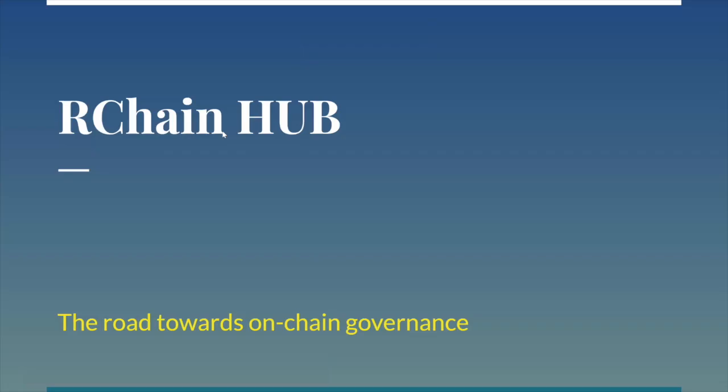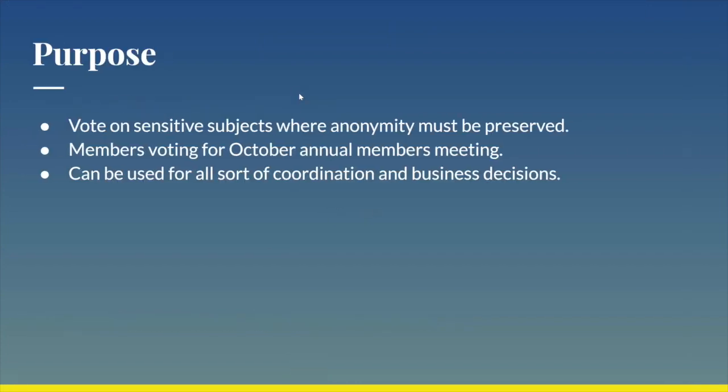Don't mind the name RChain Hub, it's just a placeholder for now. This is the name for the app that I'm using for the voting app, where you essentially have a capability to vote in this app on RChain topics. The purpose of the anonymous voting app is to preserve the anonymity of the voter and remove any bias.